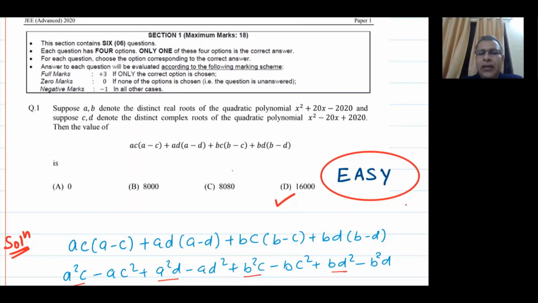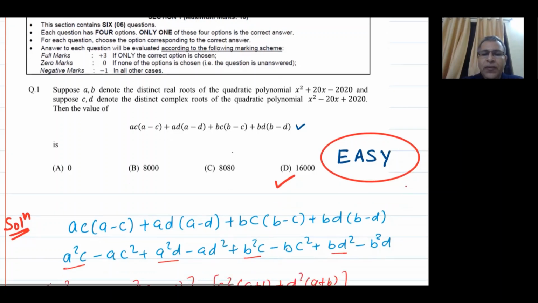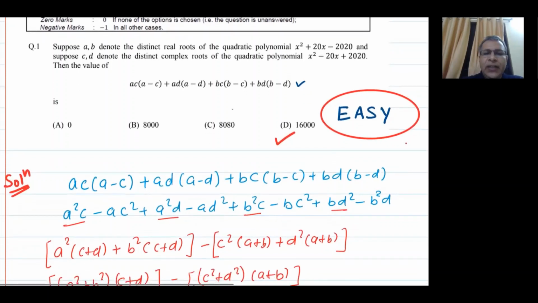What we do here is simplify this expression. If we simplify, we get ac(a minus c) plus ad(a minus d) plus bc(b minus c) plus bd(b minus d), which is a square c minus ac square plus a square d minus ad square plus b square c minus bc square plus bd square minus b square d.